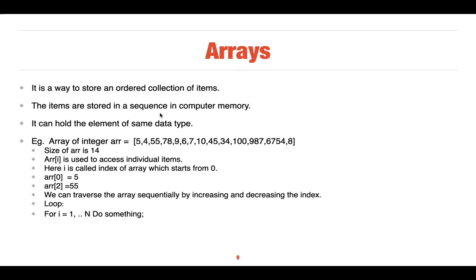It has a fixed size, and it can hold only the same data type. It means if we have an integer array, it will hold only integer data type. If we have a character array, it will hold only character data types. We cannot mix character and integer in the same array.